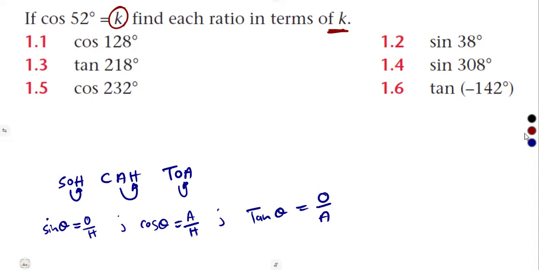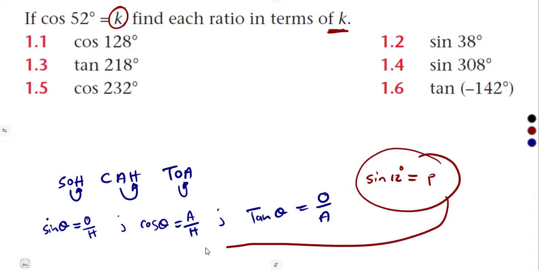So if we are given, let's say, sine 12 degrees is equal to P, it means something to us in terms of a ratio: a sine is supposed to have opposite over hypotenuse, but we do not see it.